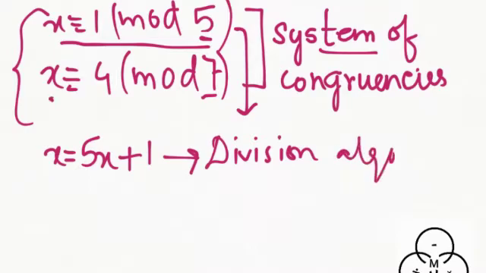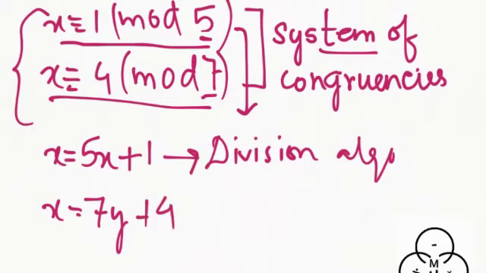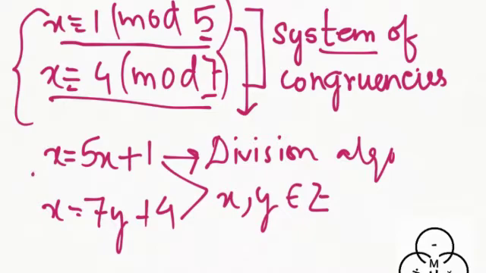Similarly, for x congruent to 4 mod 7, we can write x equals 7y plus 4, and we have to specify that p and y belong to the integers, obviously, right? If you know how to solve a Diophantine equation, because these two are Diophantine equations, then you will be able to get the solution.